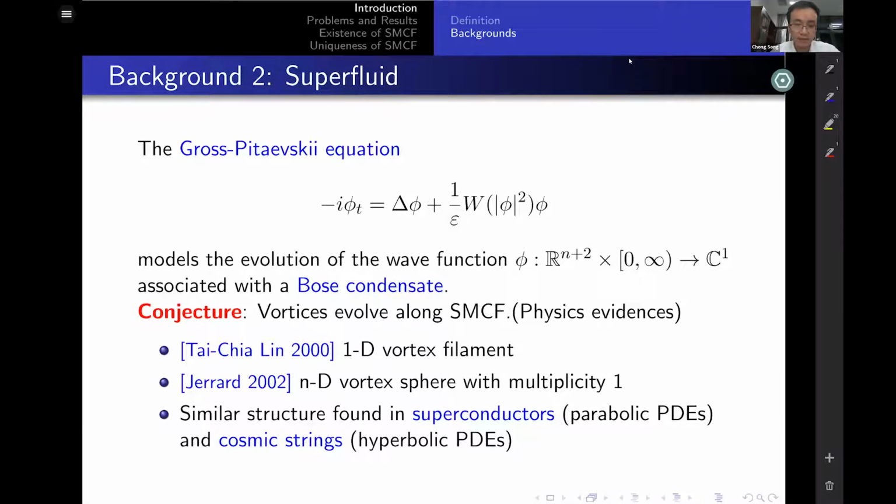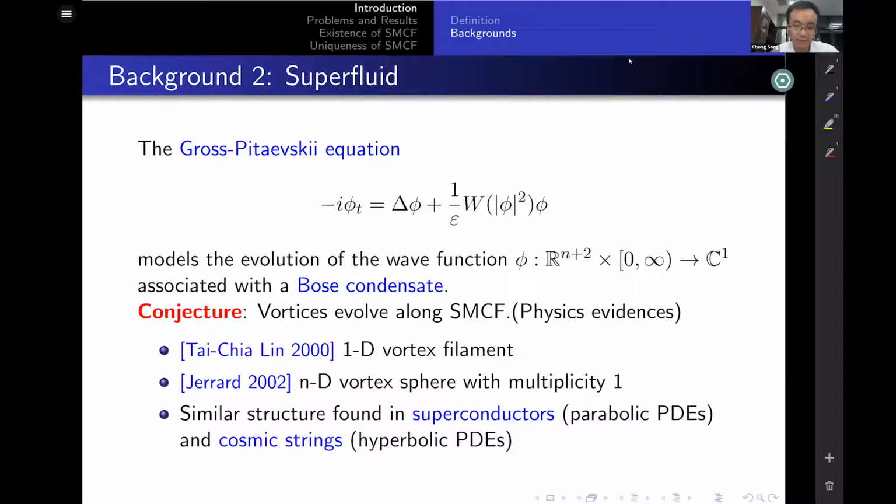There's a conjecture which is parallel to the vortex filament conjecture, which says if the vortex is concentrated on a codimension 2 submanifold, then under this Gross-Pitevsky equation, the vortex subset will evolve along the Skew-Curvature flow.